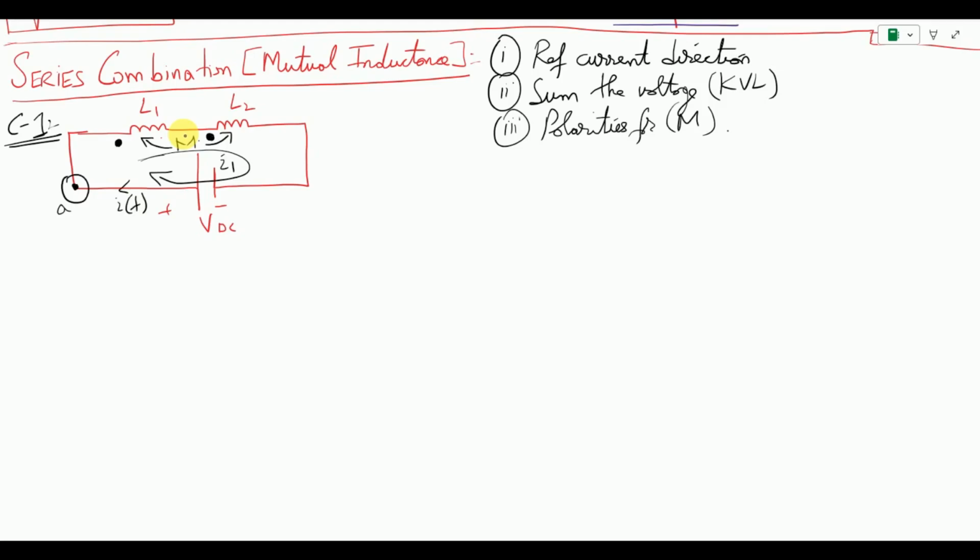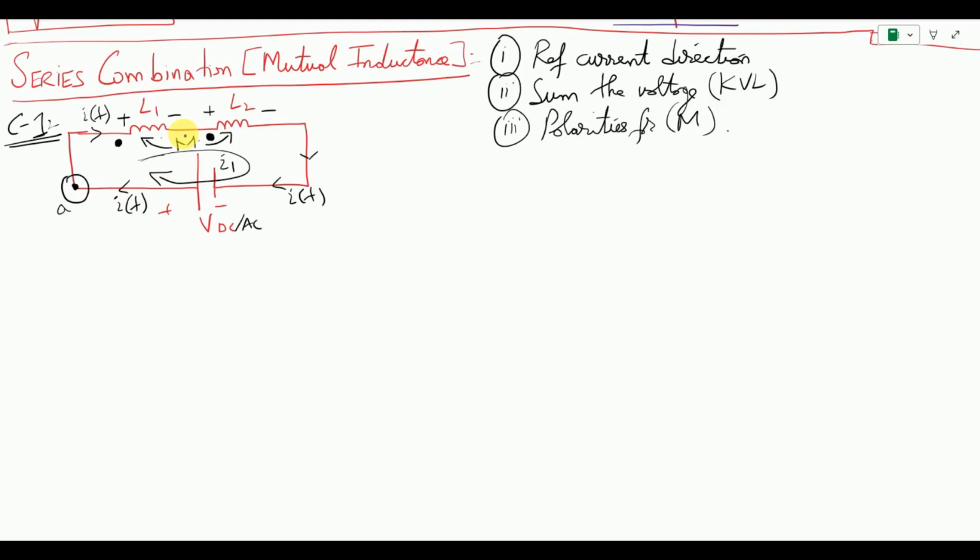Since it's a DC source, I can say just a definite value of current. So the current will start to move and it will reach this point. Now we know that when the current enters the inductor, by default we say it's a positive sign followed by a negative sign. The same current then enters inductor 2 with the positive side and negative side on its leaving terminal, and then the current reaches back to its intended point.